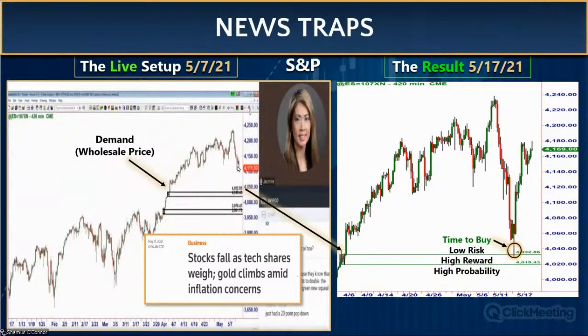Now, I know it's a little tough to see on this picture, but on the 17th, the date of our entry, there was bad news in the market. So you had stocks fall, tech shares were way down, gold was rising, but it was all wrapped around inflation concerns. Isn't that exactly what we saw with the Fed meeting on Wednesday? Fed meeting comes out, gives more fears of inflation, market starts to sell off.